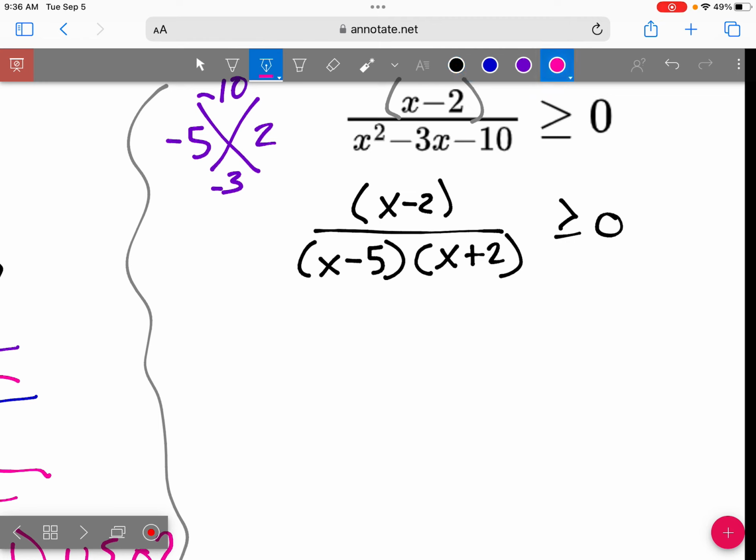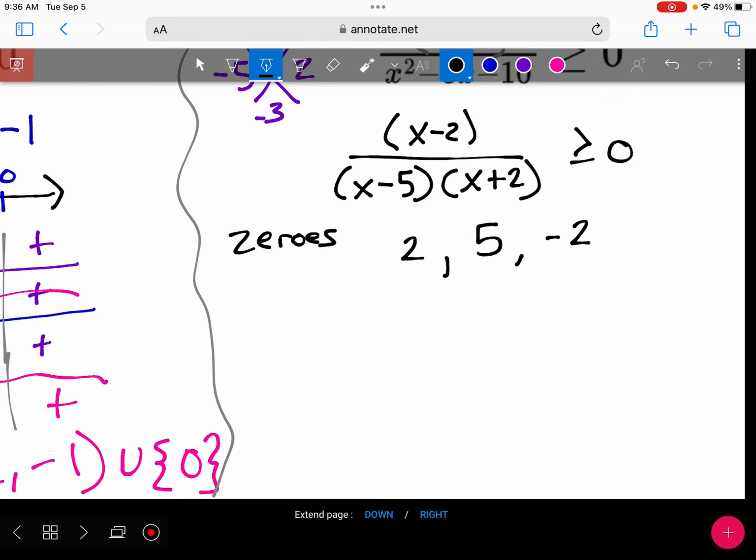So first things first, we need to find those zeros. Where are those zeros? Positive 2, positive 5, and -2. So we're going to look at all 3 terms at all 3 places: -2, positive 2, positive 5.